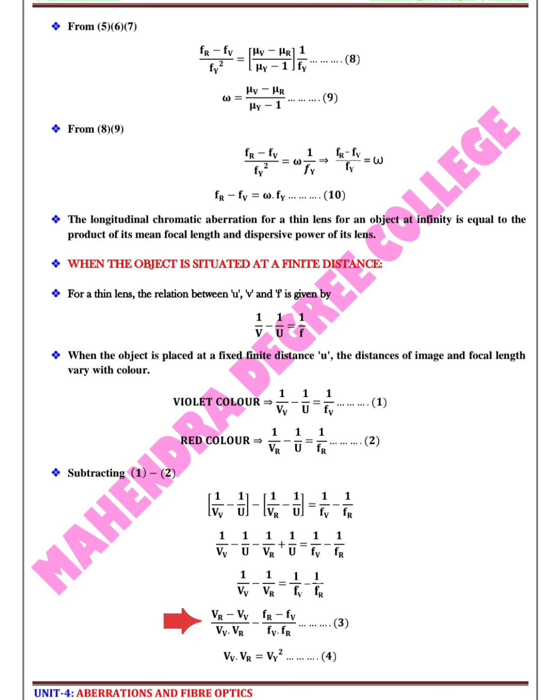Take LCM on both sides. We get (Vr minus Vv) by Vv Vr equals (Fr minus Fv) by Fv Fr. This is the equation number 3.